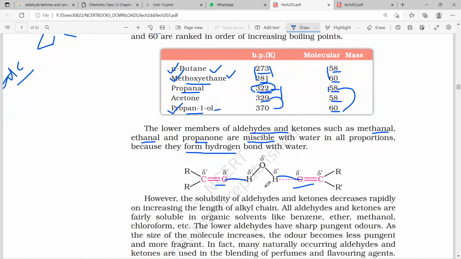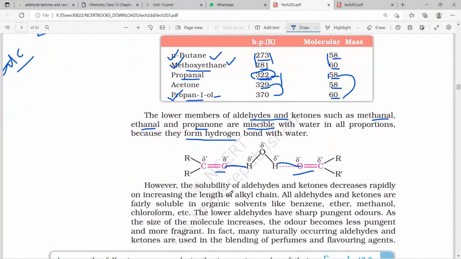However, when the length of the alkyl chain or the molecular mass increases, the higher members cannot dissolve, or we can put it in such a way that the solubility decreases. That's the point you have to remember: the solubility decreases with increase in the length of the alkyl chain.